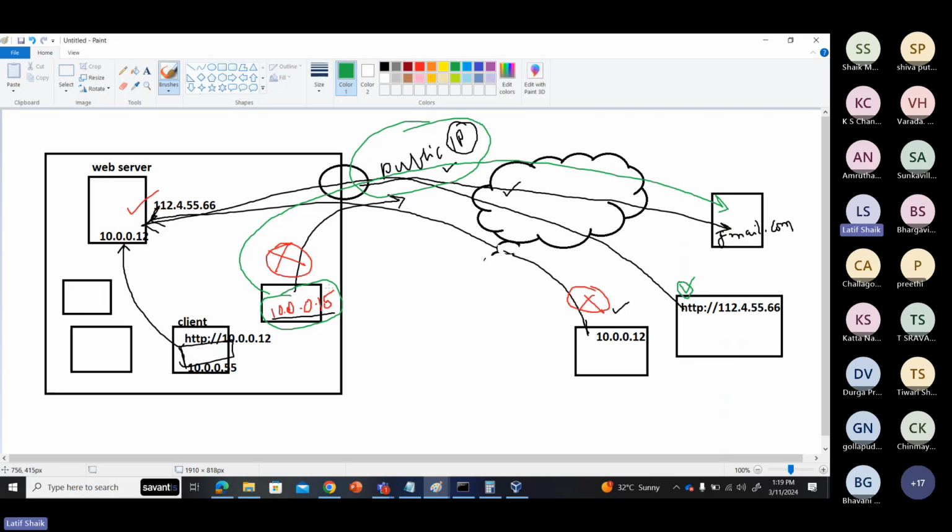Maybe you have seen 192.168.0.100 or 1.200; these are the most common in a lot of networks. In my home I have a 192.168 network, in your home also, and at your friend's location also. So these private IP addresses can be used repeatedly in different places, so obviously they cannot be in the public networks.